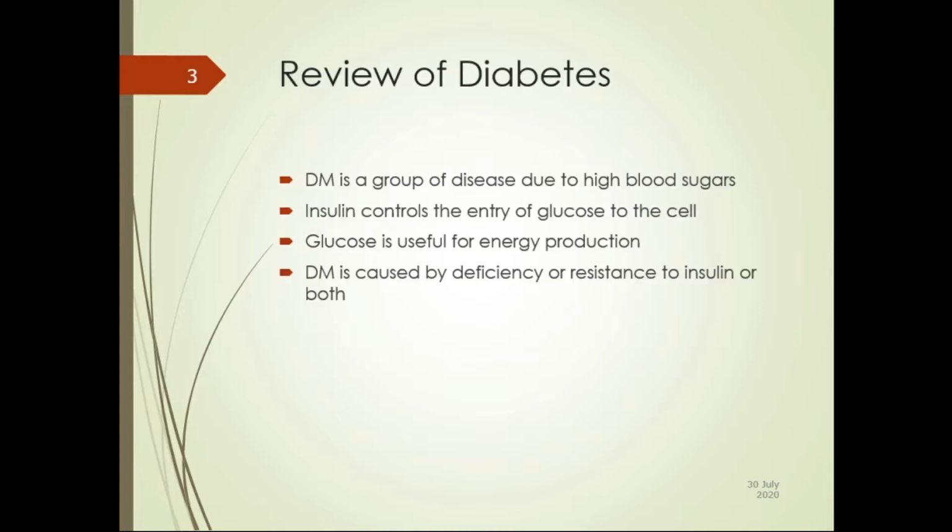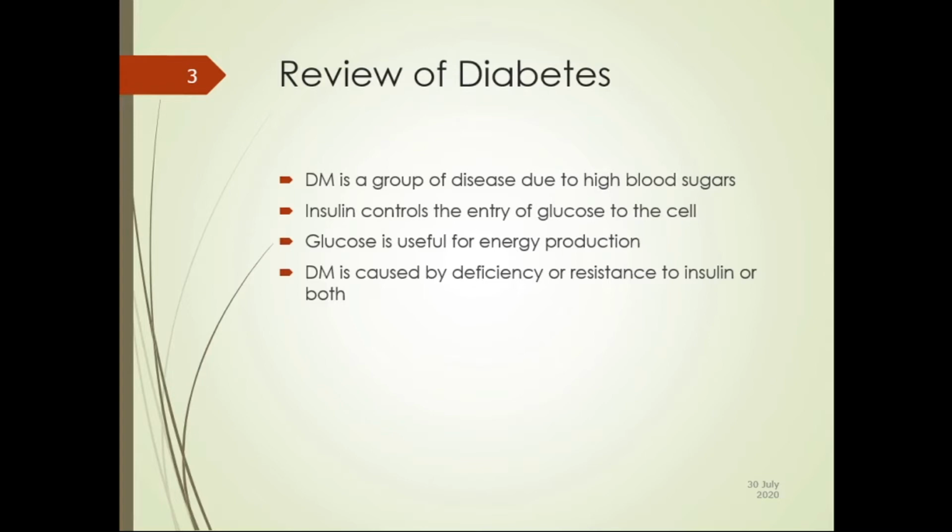So diabetes mellitus is a group of diseases due to high blood sugars, and insulin controls the entry of glucose to the cell. Glucose in the cell is useful for energy production. Without glucose, the cells cannot make ATPs for their own metabolic needs and for their functions.